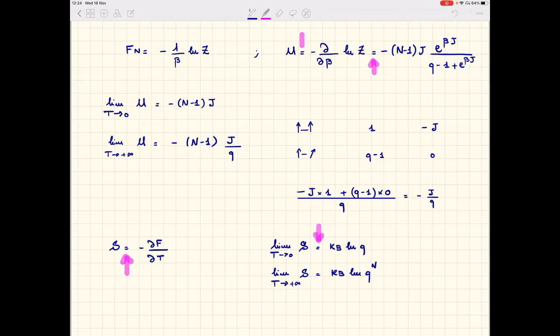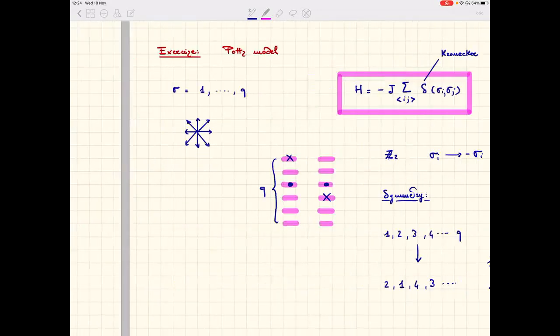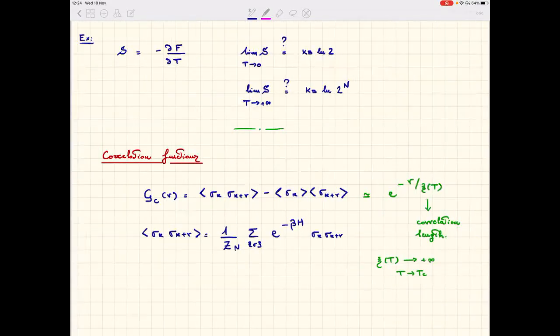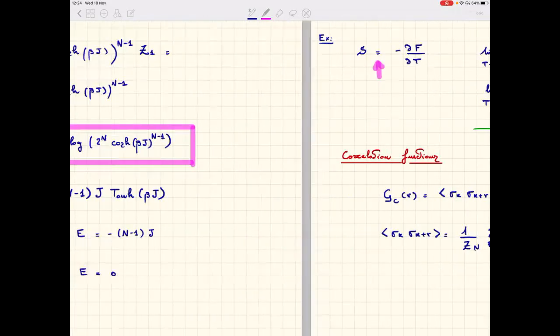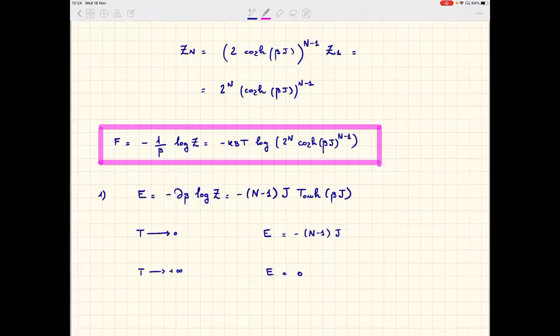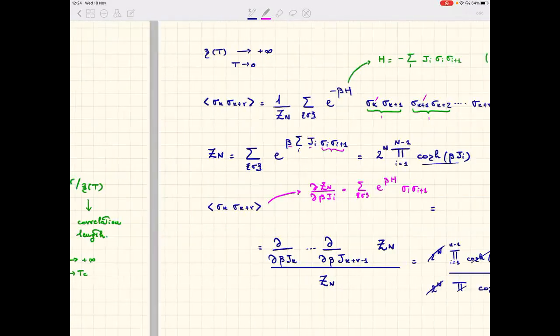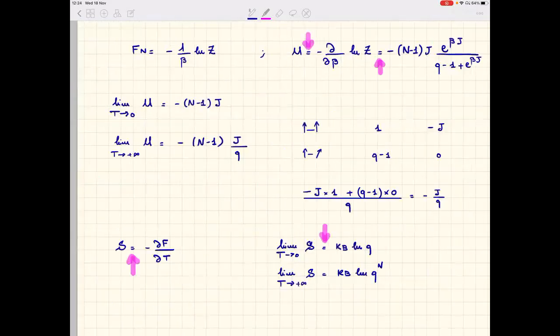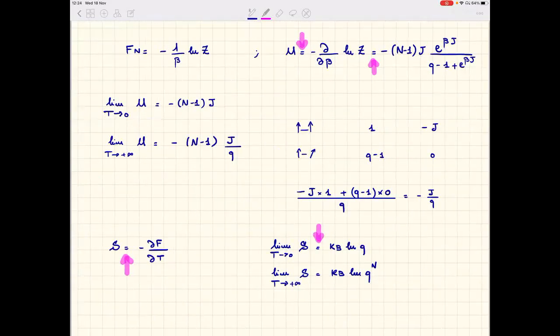So please check the limits of the entropy. And the same here. Compute the entropy, fill up all the limits, do all these calculations, and check everything. Okay?